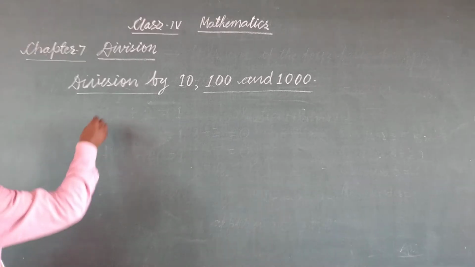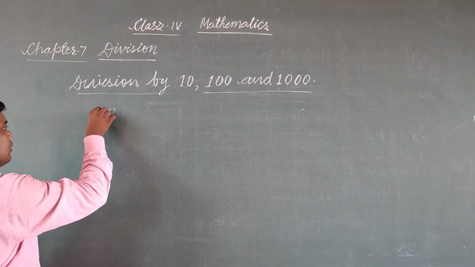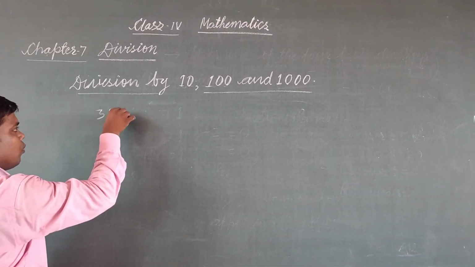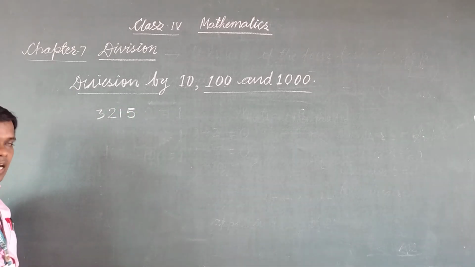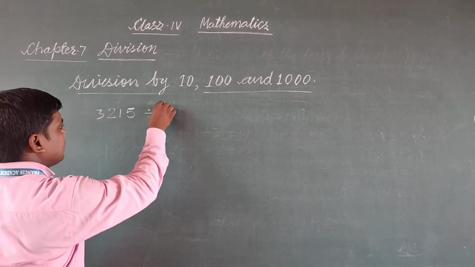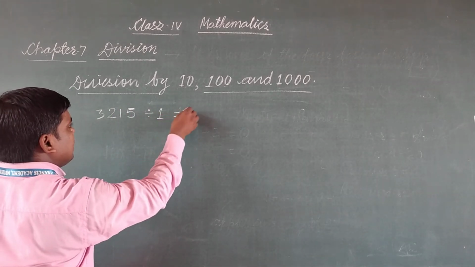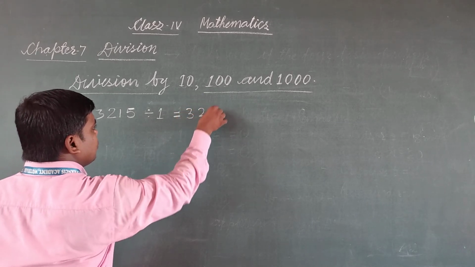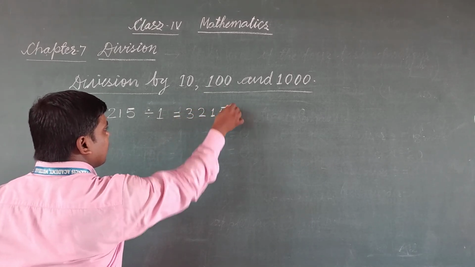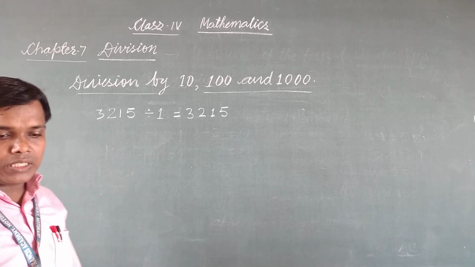I am taking an example: 3215. I am going to divide it by 1. The quotient will be 3215. Okay?